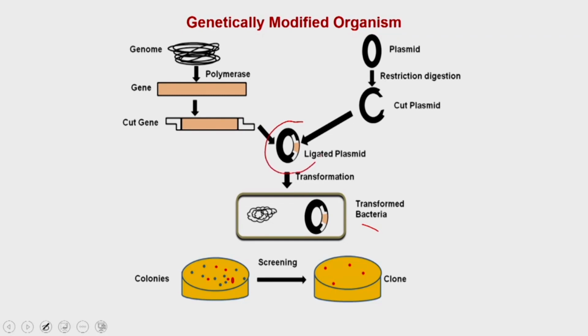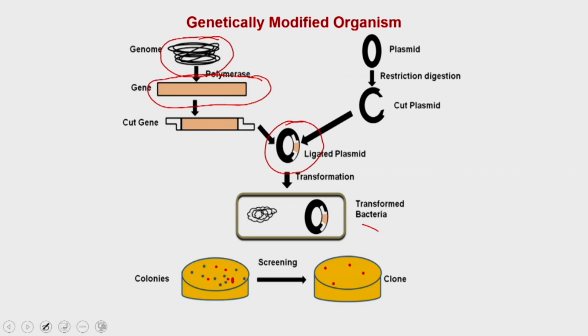What we have discussed so far is how to produce the genetically modified plasmid or the recombinant plasmids. For producing this recombinant plasmid, we need the gene from the particular host, which you can isolate either by PCR, or from the genomic library or the cDNA library.